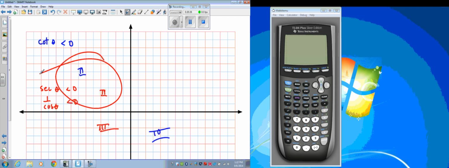It has to be between the two. The tangent and cotangent can be any real number. And then the secant and cosecant, which are related to sine and cosine, are outside of that range: -1 to -infinity, and +1 to +infinity. So it's outside of the range of sine and cosine.